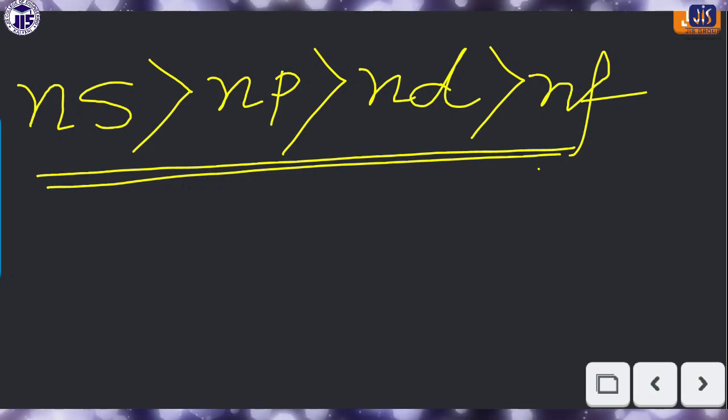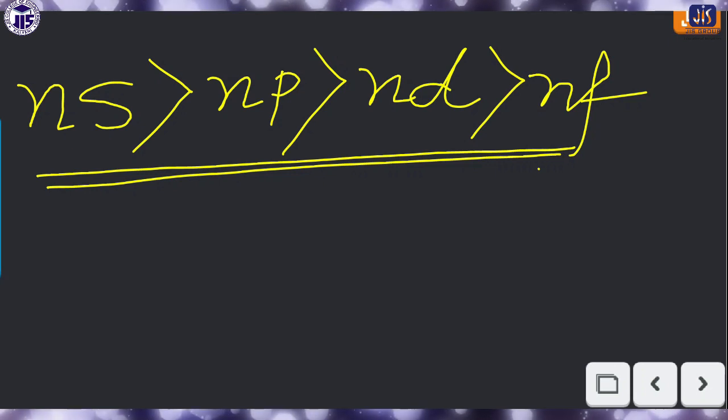Maximum energy comes out from the NS subshell. That means if the electron enters the NS subshell, we can expect that maximum energy will come out from this subshell. So the nature of the orbital or subshell is a very important factor.